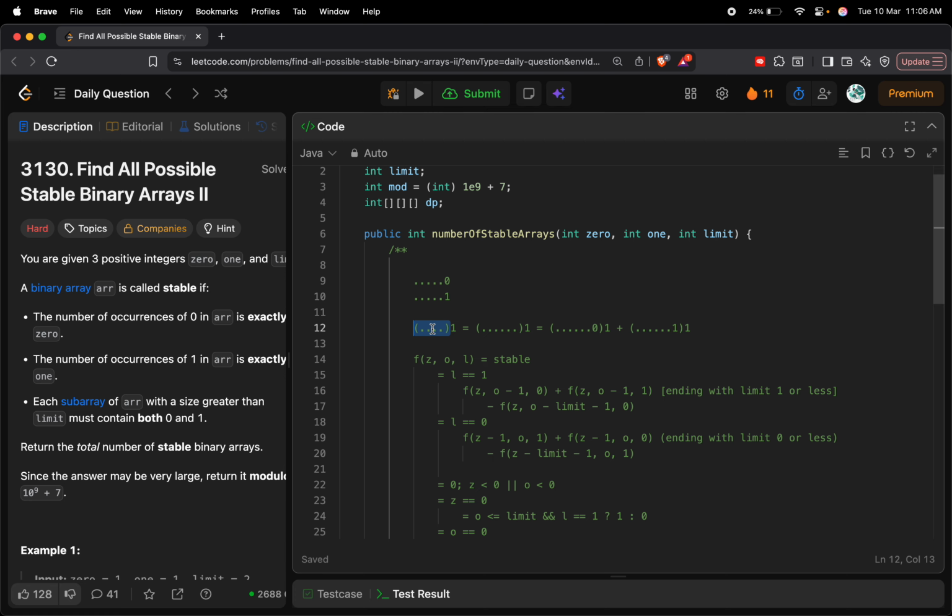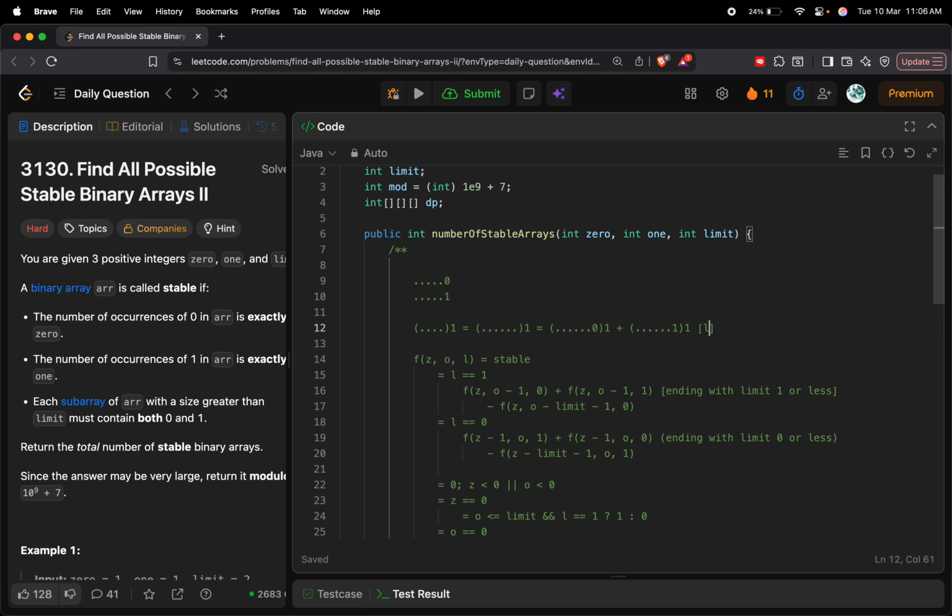The rest of the subarray can end with 0 or end with 1, so both answers contribute to my overall answer. Now if you choose to end with ones, the stable arrays which can be formed can be categorized into two things.